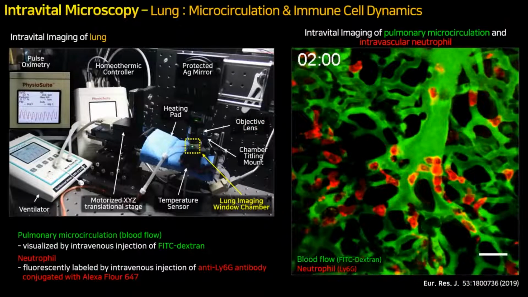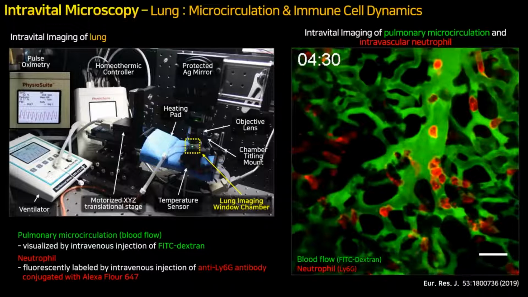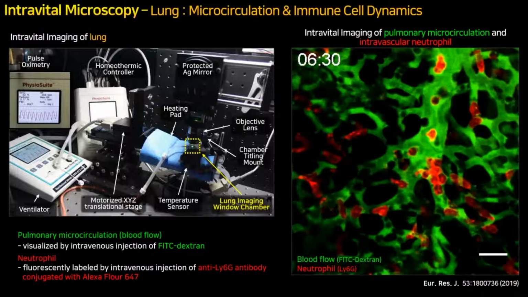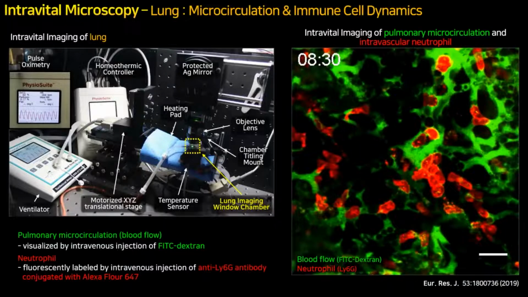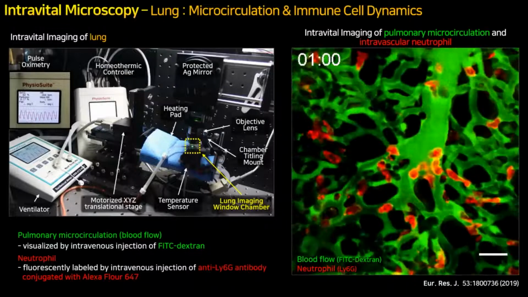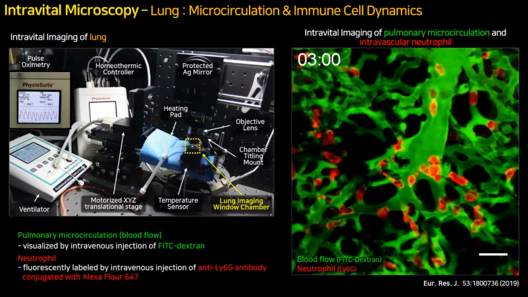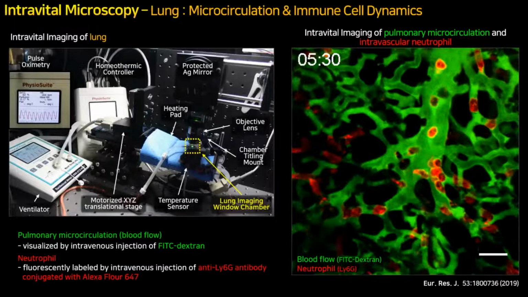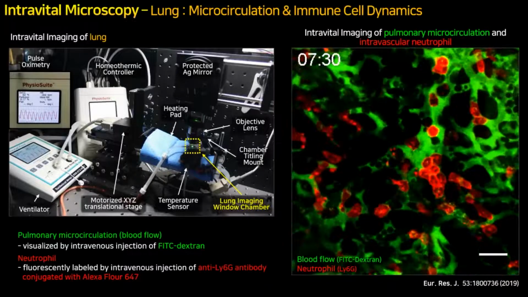For intravital lung imaging, as you already know, when we make an incision on the rib, the air pressure will be changed, thereby killing the mouse. So we need to make the mouse breathe again by intubation, which will be connected to a ventilator.